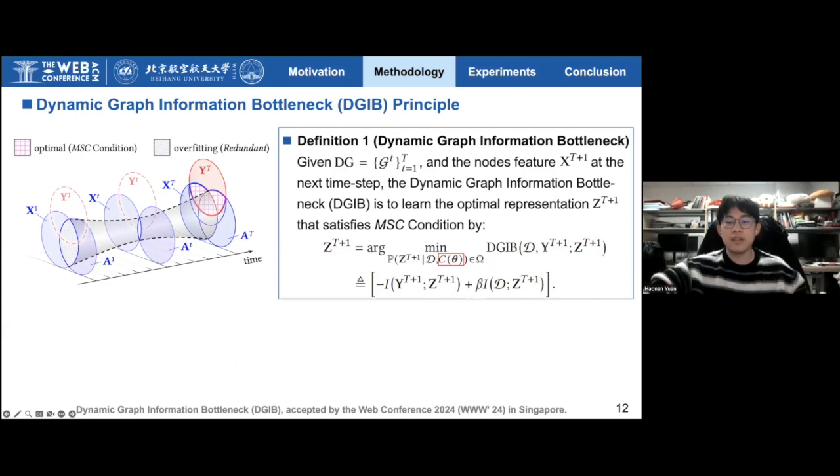The overall goal of DGIB is to find a good dynamic graph representation Z that satisfies the MSA condition, as well as leads to good prediction performance.